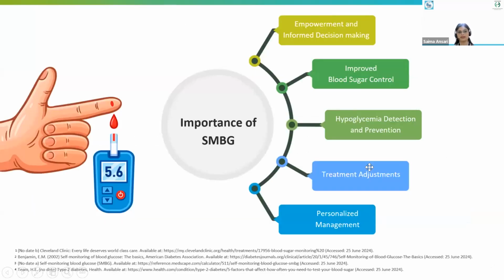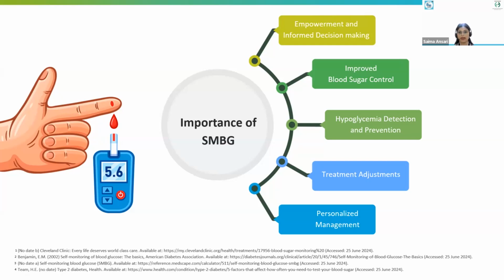The importance of SMBG is empowering informed decisions and improving blood sugar control, hypoglycemia detection and prevention. Because hypoglycemia is very critical, if we are regularly monitoring blood glucose levels, we are aware of the sugar ranges, and hypos and hypers can be prevented.